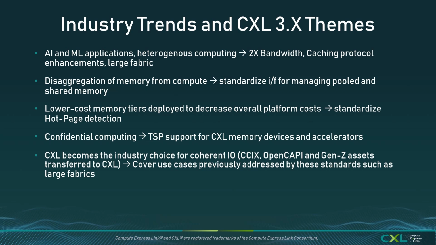So a number of large CSPs and other customers were looking at separating memory from compute and dynamically allocating the memory that's needed for a specific workload as the workload changes its characteristics. So what we have done in 3.x to respond to that is standardize the interface for managing pooled memory and shared memory. This allows these vendors to build such hardware and have generic management, with standard capabilities that meet their use cases.